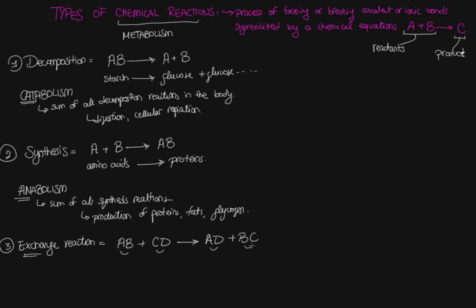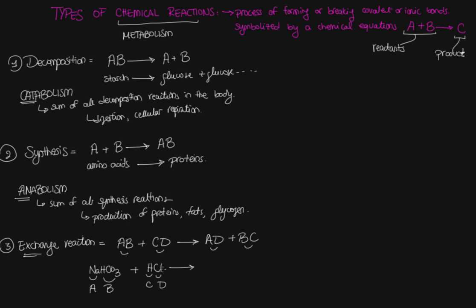And so one example of that would be how stomach acid is neutralized once it reaches the small intestine. And so stomach acid would be HCl. And so it will combine with NaHCO3. And so in this case, let's say sodium is A, bicarbonate is B, H is C, and chlorine is D. So AB plus CD.